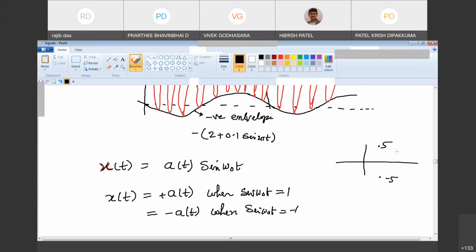If it is 3 here, -3 will be here. So the corresponding negative of a(t) is the same with a minus sign.